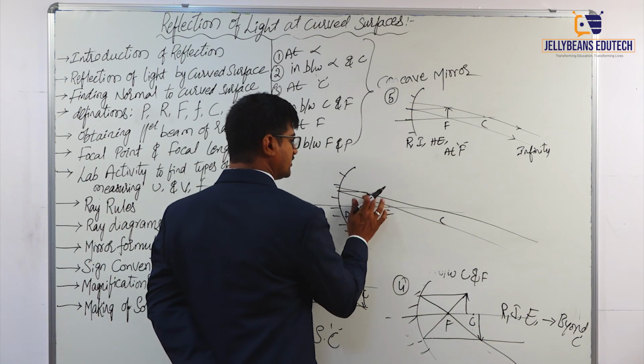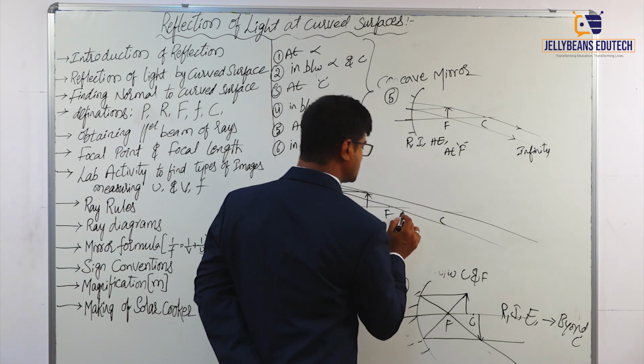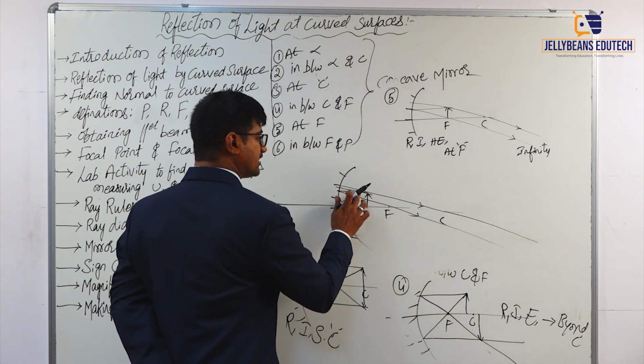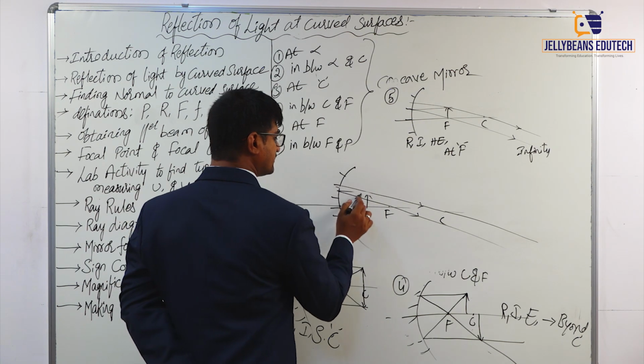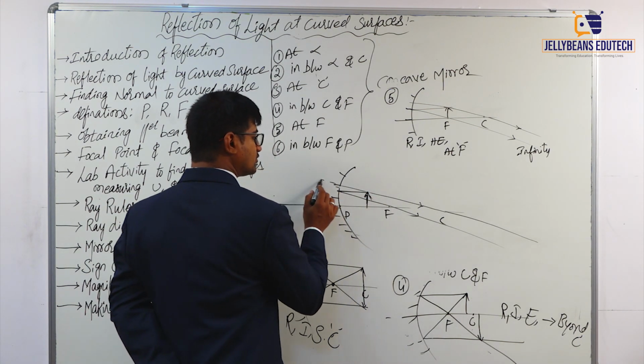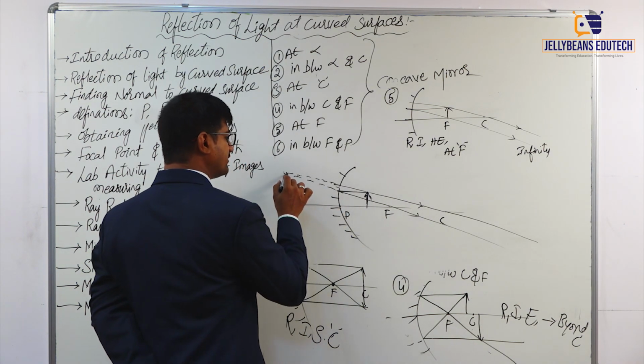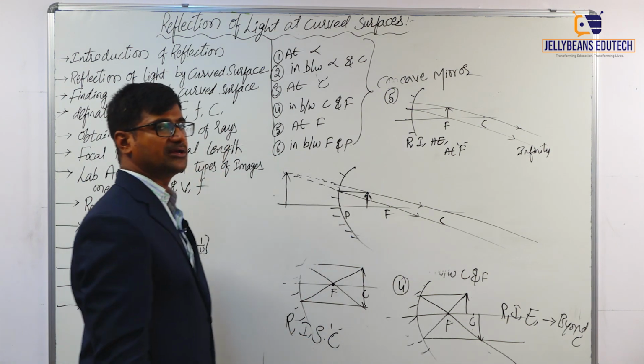Here we obtain the two reflected light rays as diverging light rays. That means if we extend the two reflected light rays, they converge at a point behind the mirror.